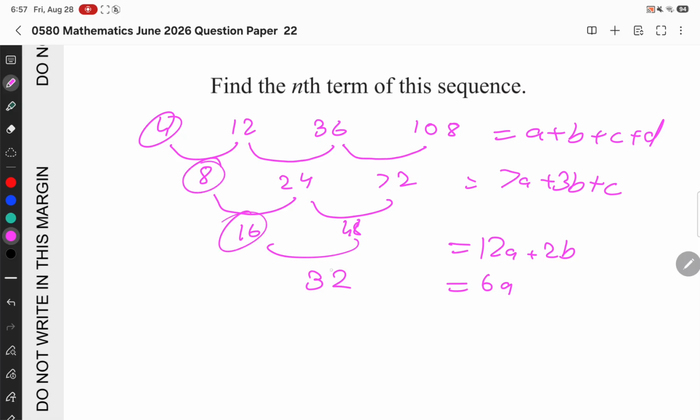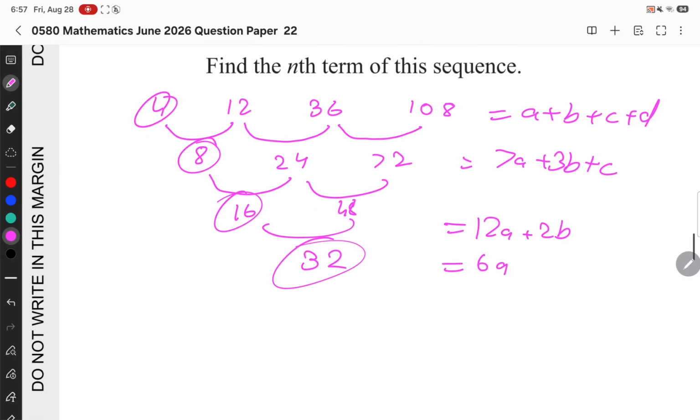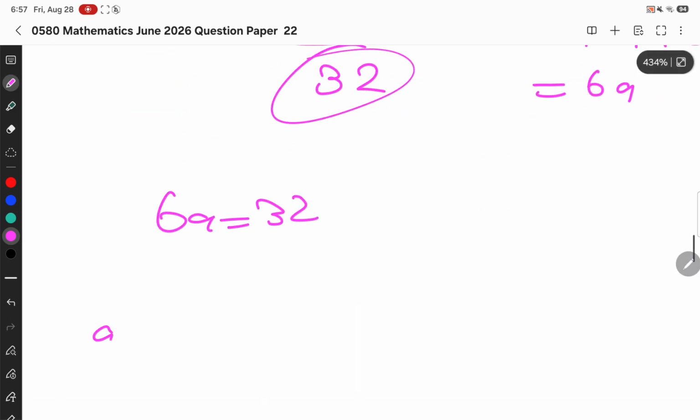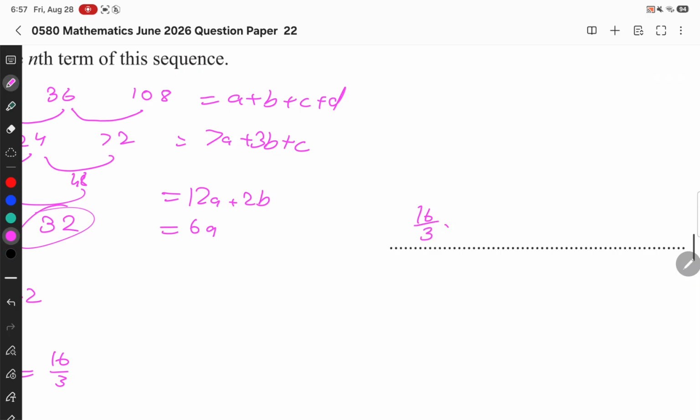These are the first term, first difference, second difference, and third difference, given we have data of only 4 terms. So 6a is equal to 32, and we get a is equal to 32 over 6, which is 16 over 3. Nice.